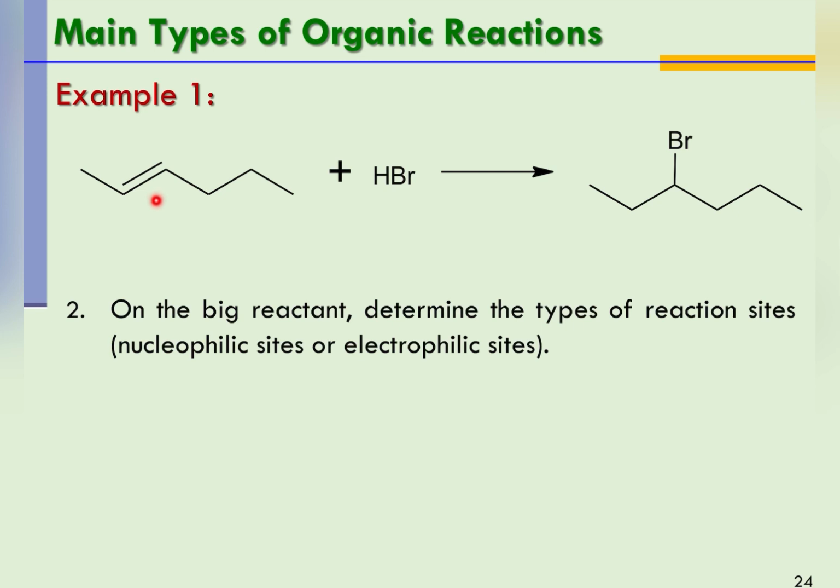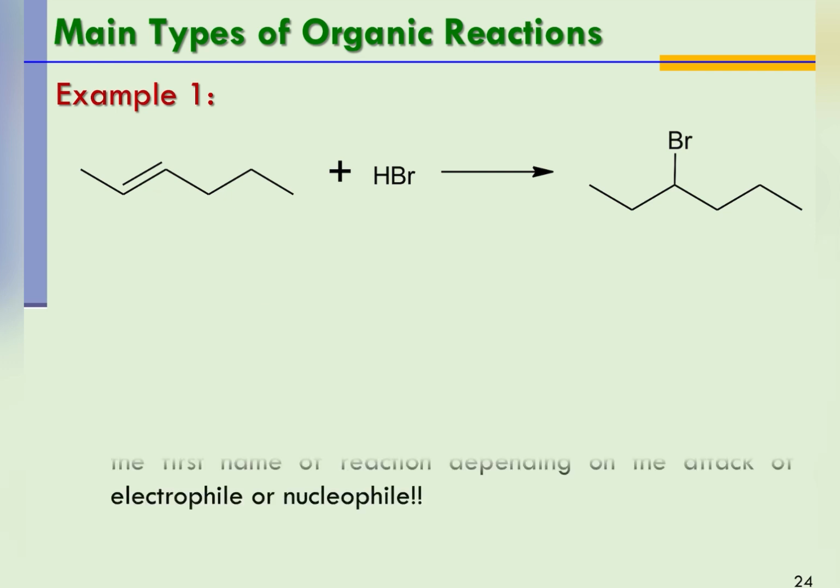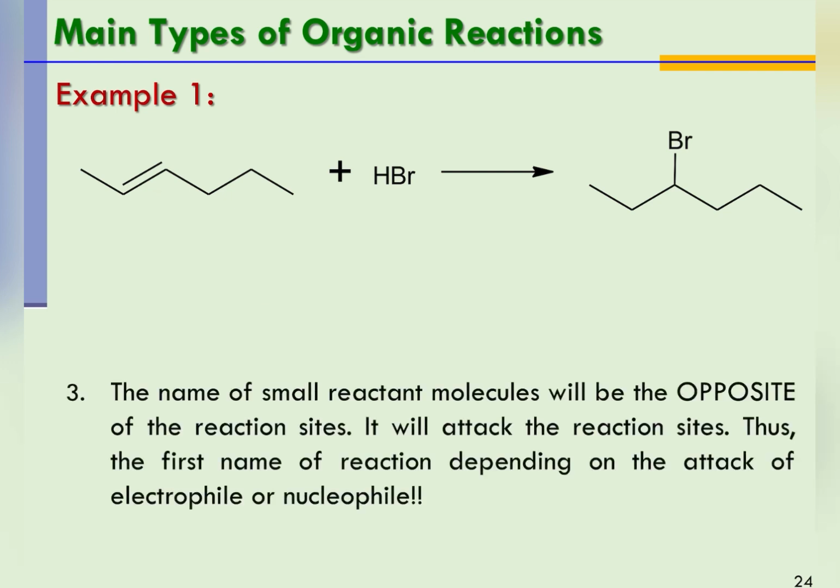That's why this big molecule is a nucleophilic site. And the next one, the name of the small reactant molecule will be the opposite of the reaction site. This is a nucleophilic site, and of course when it is the opposite name, this HBr will be the electrophile.